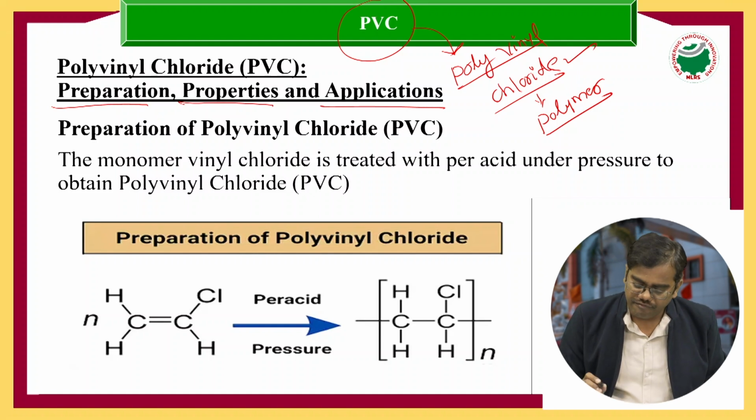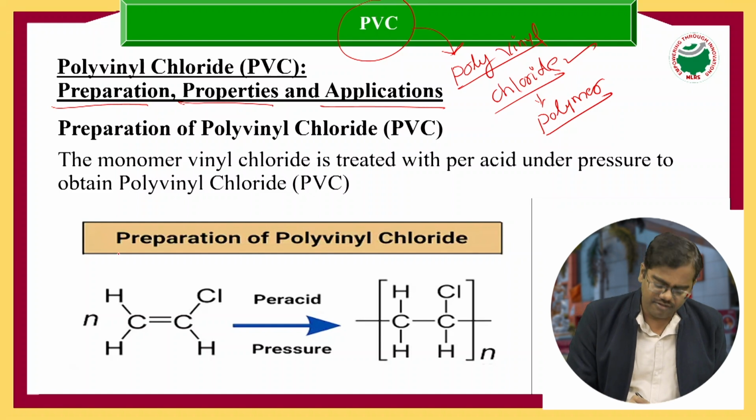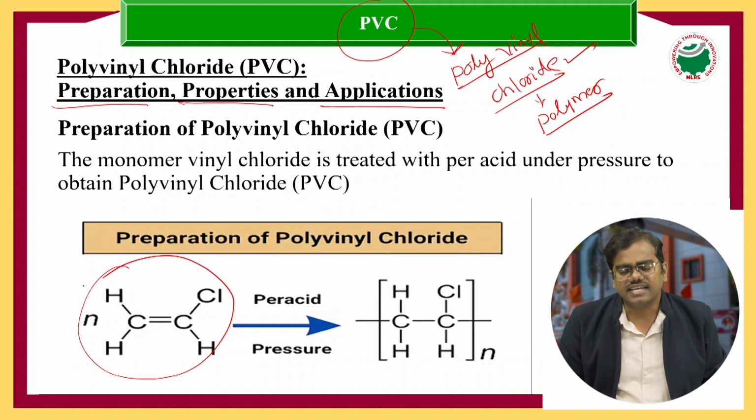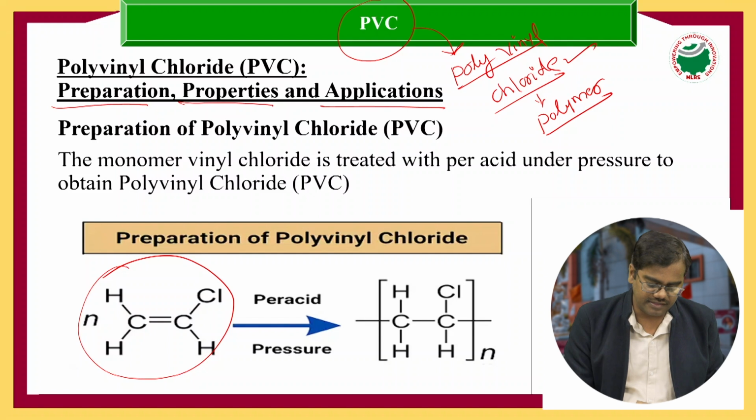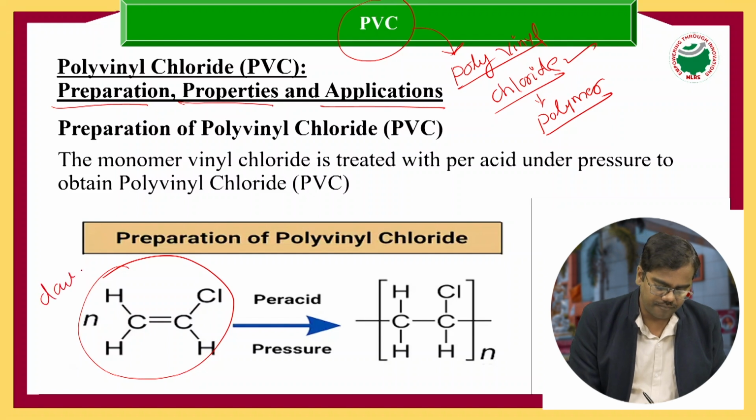Because when we observe the vinyl chloride structure, it consists of unsaturation, that is, a double bond.